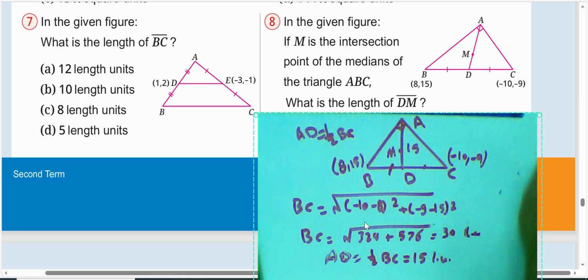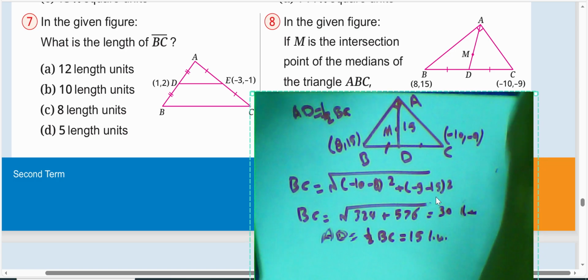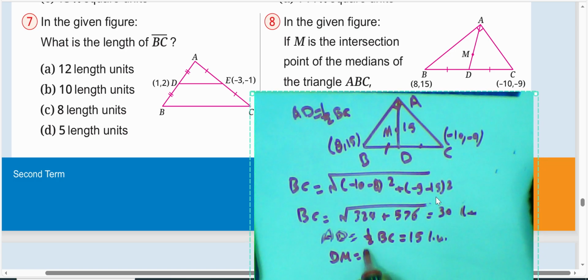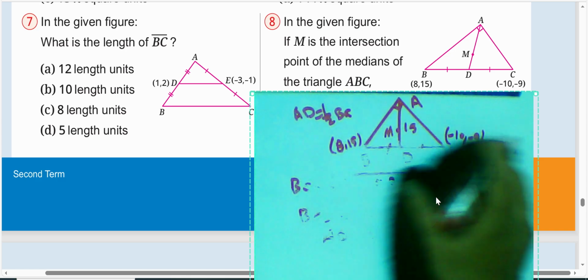Then DM is a third of AD, a third of 15. It will be 5 length unit. 15 divided by 3 equals 5. Okay.